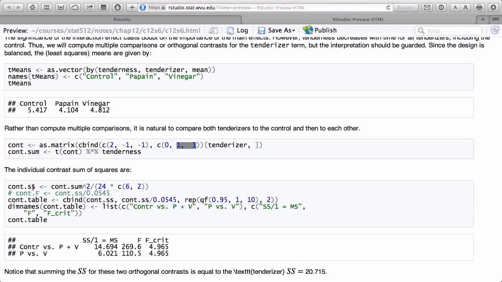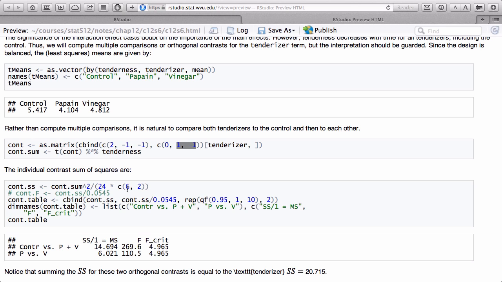So there are really two values here. Since I have the 6 and 2, I have a vector there, and the sum of squares for the contrast is actually a vector also.